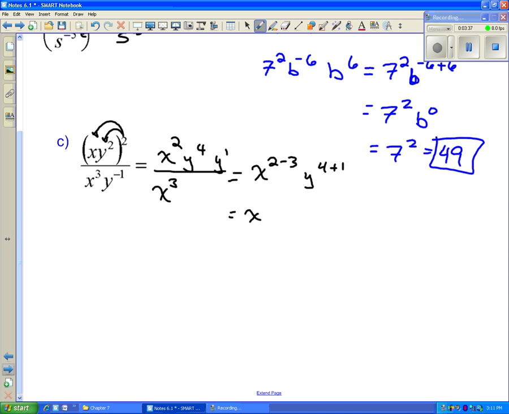So this is x to the negative 1, y to the 5th. That tells me that the y stays in the numerator with a power of 5. The x, since it's negative, has to move to the denominator with a power of 1. So this is y to the 5th over x.